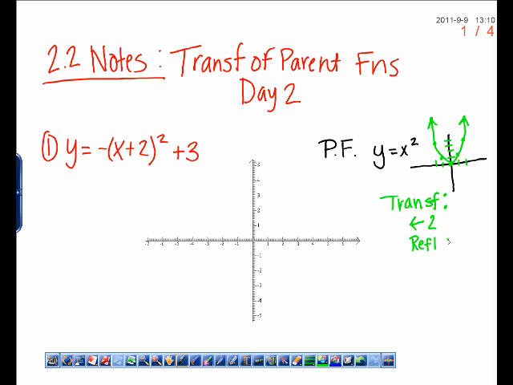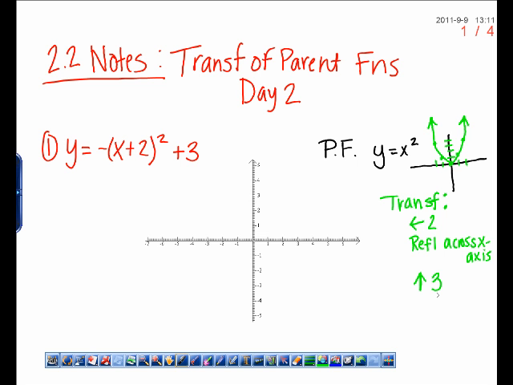Reflect across the x-axis. The negative is outside of our function, so it's changing our y's. So that's why we reflect across the x-axis. And our last one. Up 3.